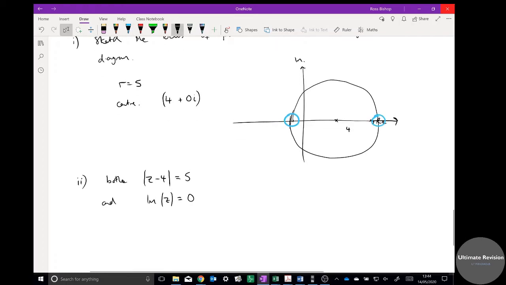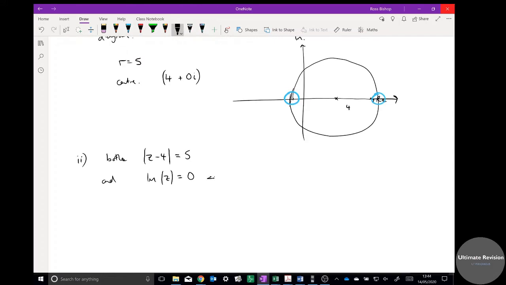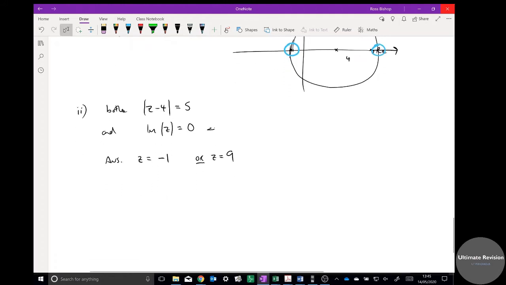Okay, that's where the imaginary part is 0. So that point there is going to be, well, the radius is 5, remember, so the answer here is just going to be -1, and the other side is going to be 9. Okay, so you've got z equals -1 or z equals 9. That's the sort of solution to that part of the equation.